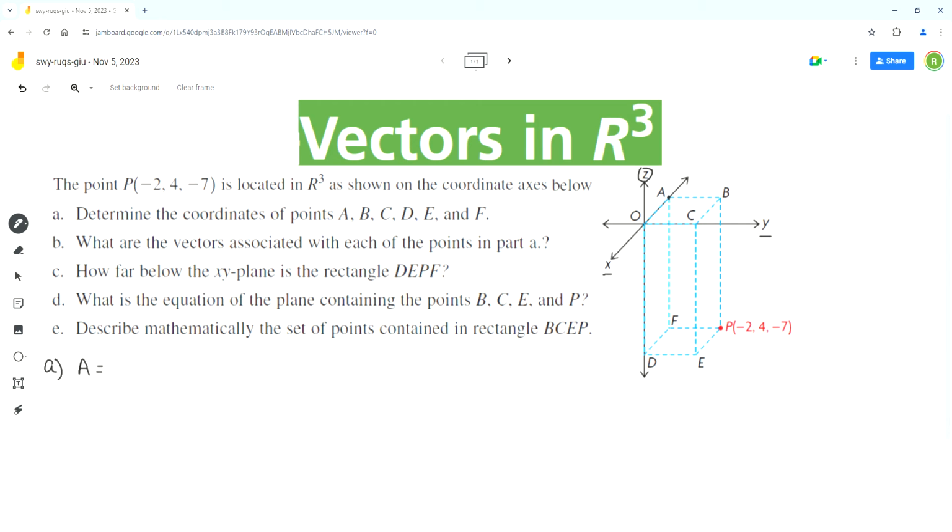Point A lies on the x-axis. As a result, the y and z coordinates for point A will be equal to 0.